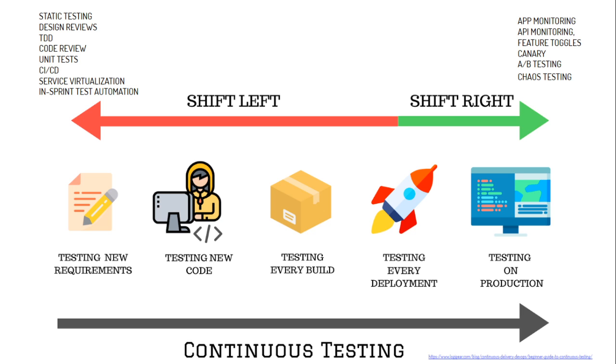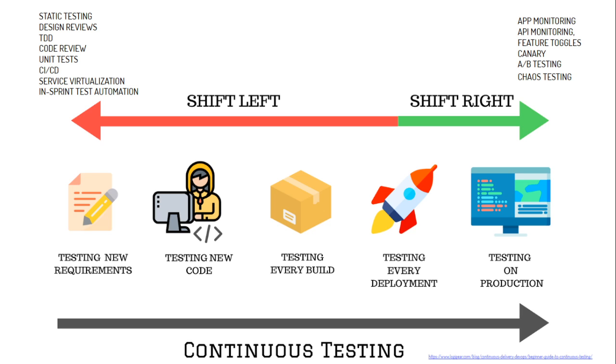So what about shifting right? There are some things which are better done on the production environment. So the production environment actually has the scale which your testing or your staging environments do not have.